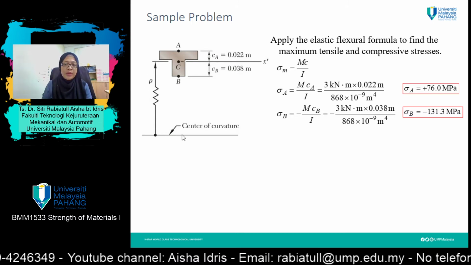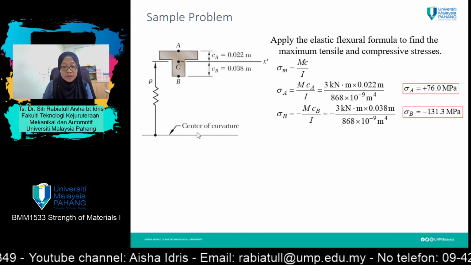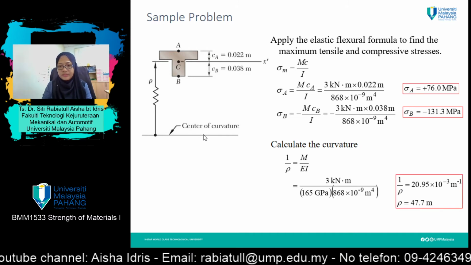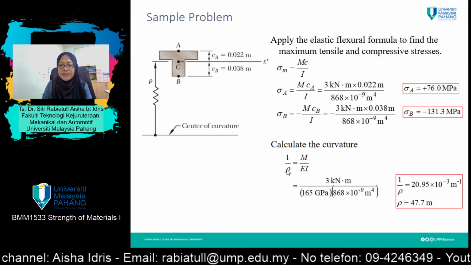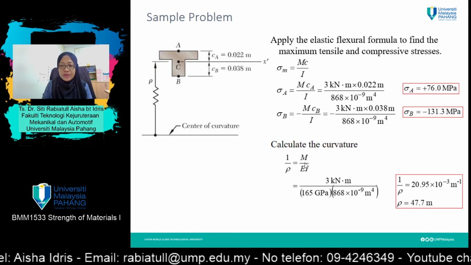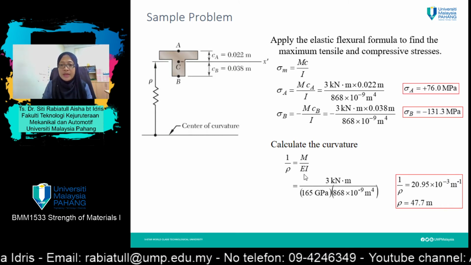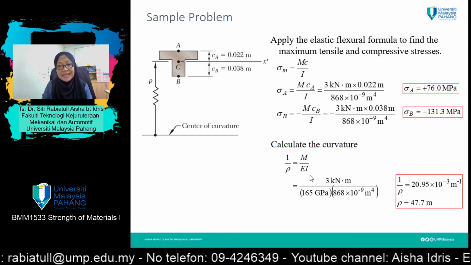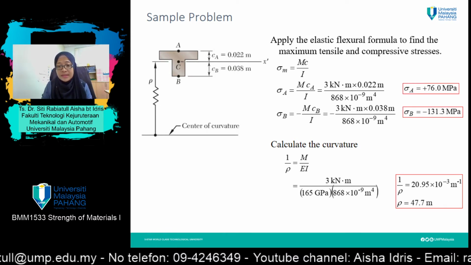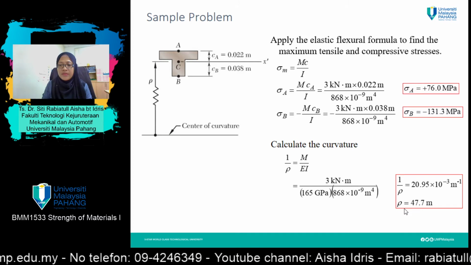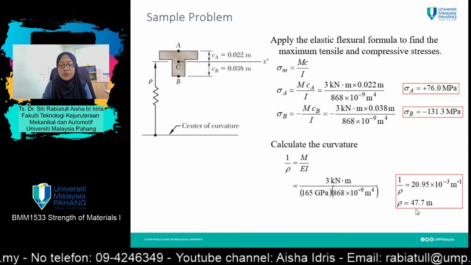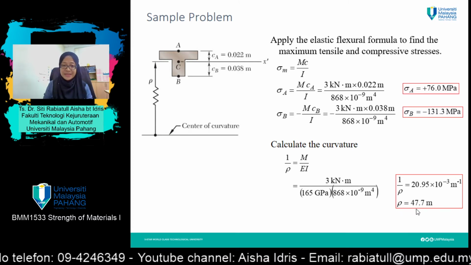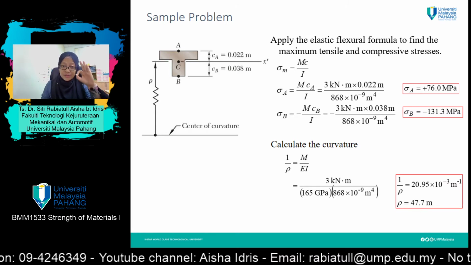There must be a center of curvature somewhere. Using this formula, M is already given to you, E is already given, and I use the value calculated on the previous slide. So you'll get the value of rho equals 47.7 meters. Cool?